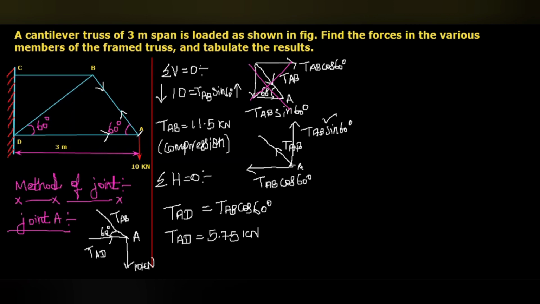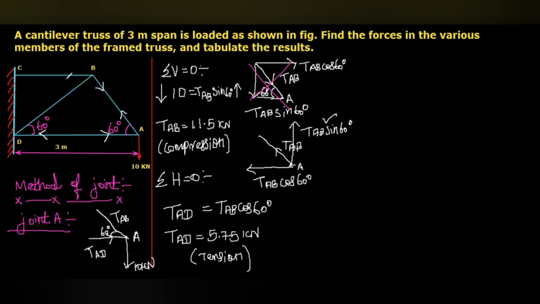Here you can see this TAD, in the free body diagram of joint A, is inwards to the joint A. So for point D also it will act inwards. Then this is going to tend to pull the member AD, so this will be tensile in nature. So now the forces in these two members, AD and AB, we have calculated.